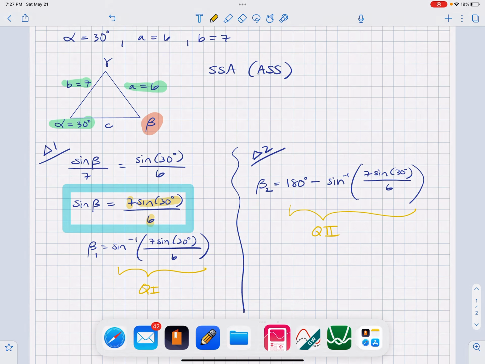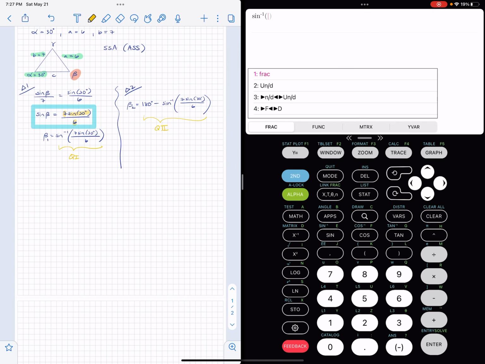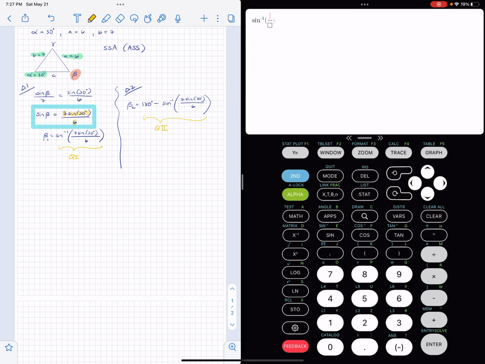Let me open up this. I'm in degree mode, so we would do inverse sine of 7 times sine of 30 degrees divided by 6.